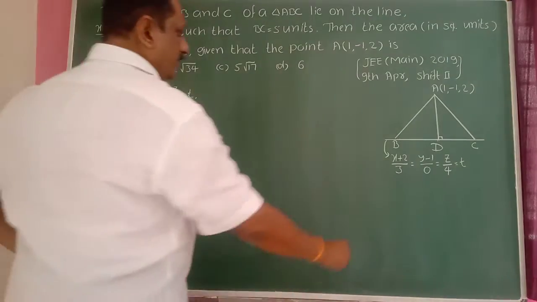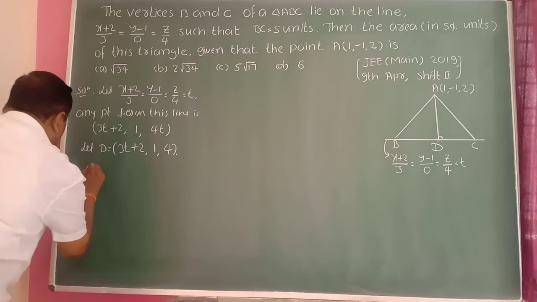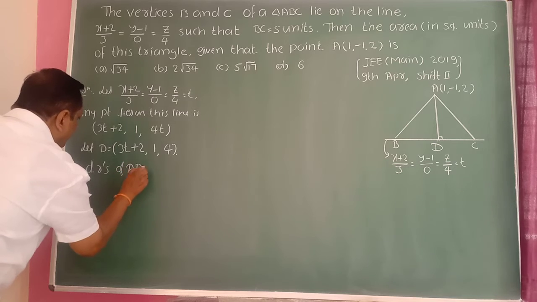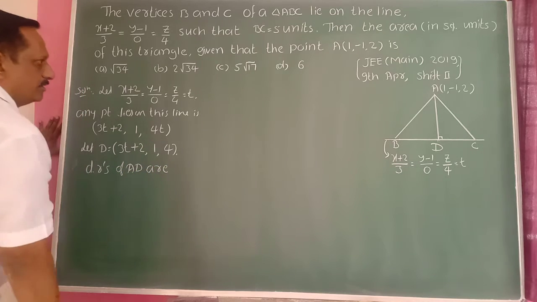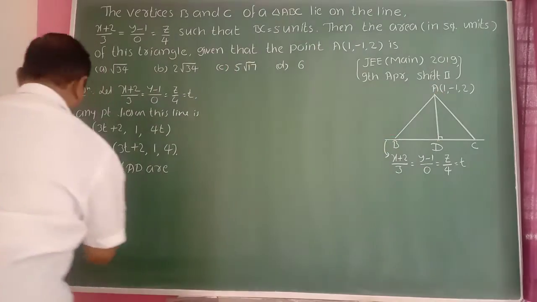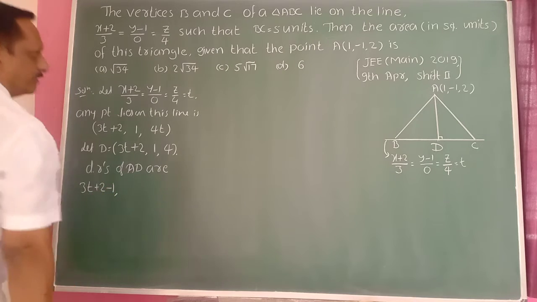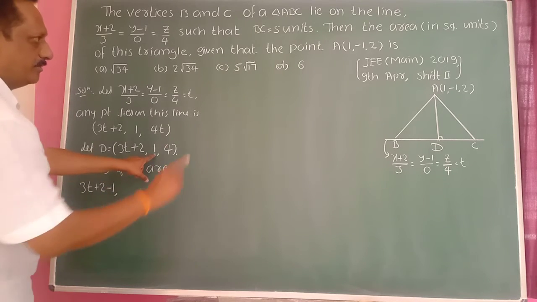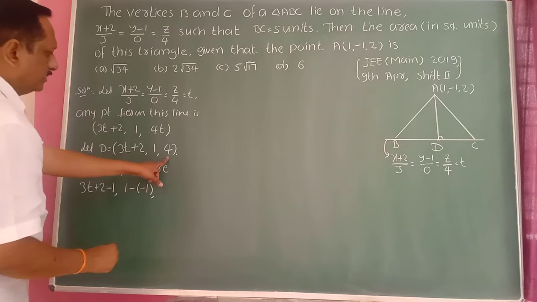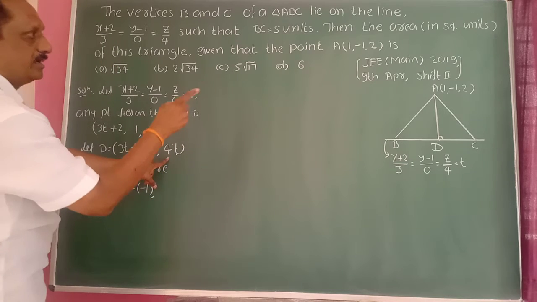Then find the direction ratios of AD. The direction ratios of AD are: 3t - 2 minus 1, then 1 minus (-1), then 4t minus 2.